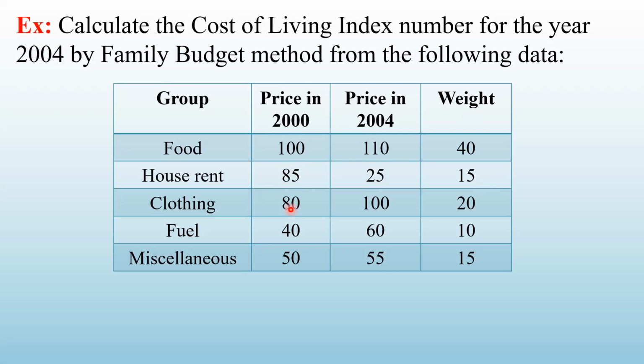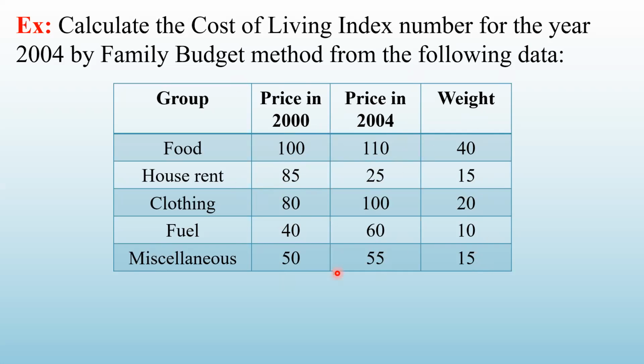Clothing, price in 2000 is 80, in 2004 is 400, and the weight is 20. Similarly for fuel, price in 2000 is 40, in 2004 it is 60, and the weight is 10. Miscellaneous items, price in 2000 is 50, in 2004 is 55, and the weight is 15.